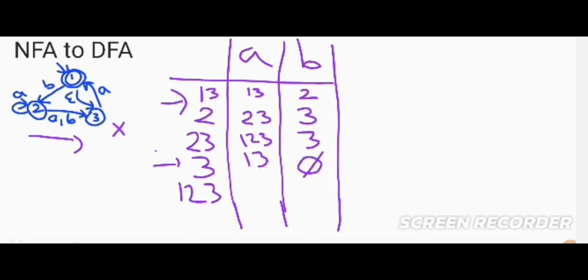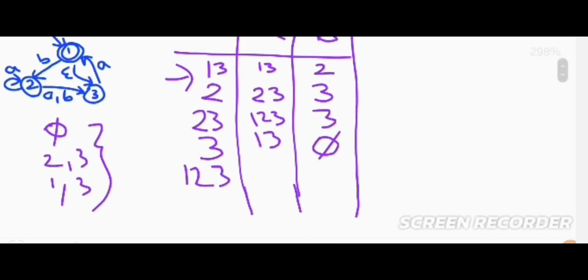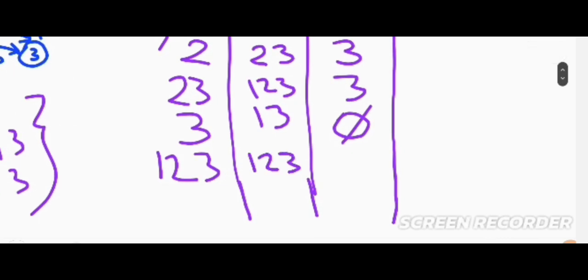We don't have any arc here going from 3 with the symbol B. Now for 1, 2, 3, the transition with A is nothing else but the union of the transitions from 1 with A, from 2 with A, and from 3 with A. From 1 it will be phi, from 2 it will be 2, 3, and from 3 it will be 1, 3, and the union of all of these states will be 1, 2, 3, so we will write here 1, 2, 3.